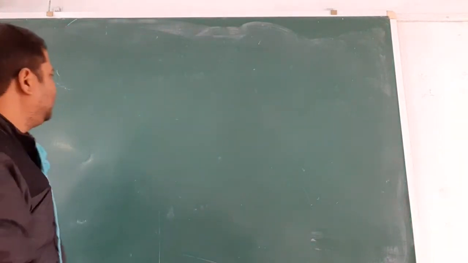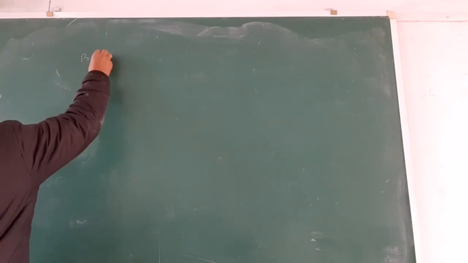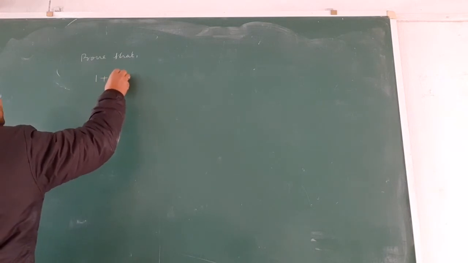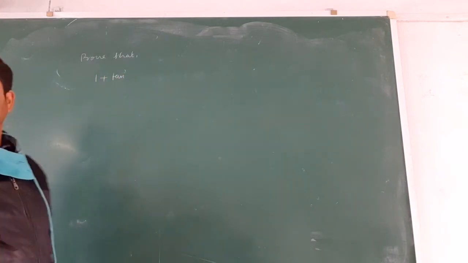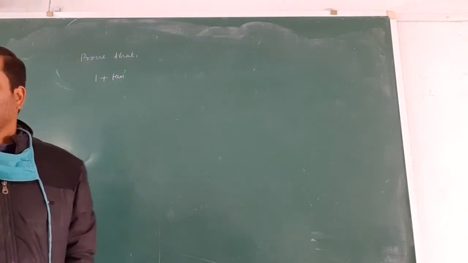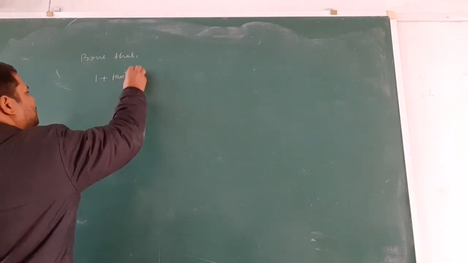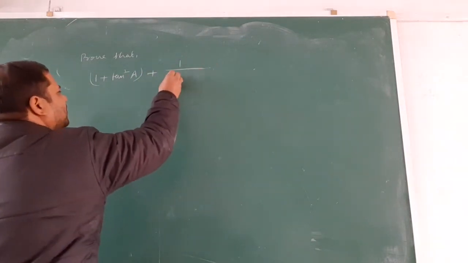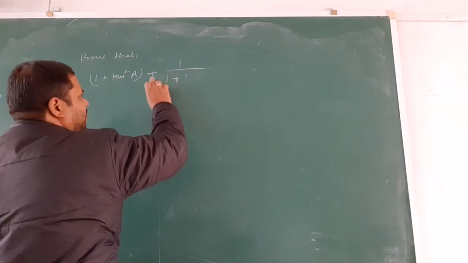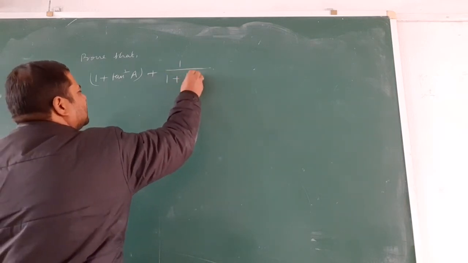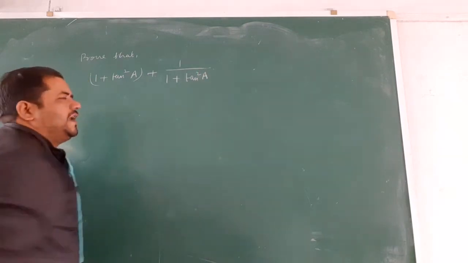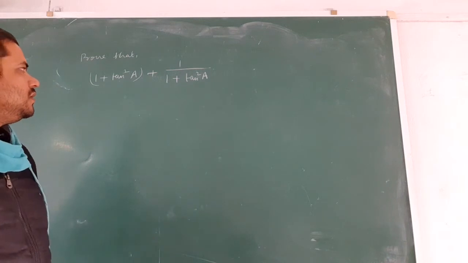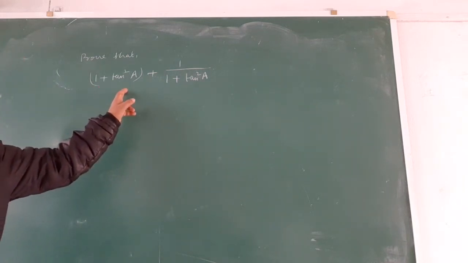Yes. See, prove that 1 plus tan square a into plus 1 upon 1 plus 1 by tan square. Beta, this is right? This is 1 plus tan square, correct?